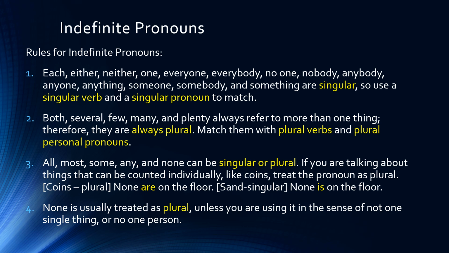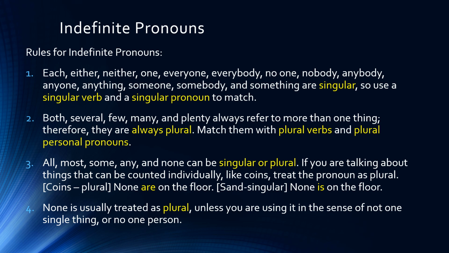But now let's think about the same word, none, in reference to sand. Even though sand can be counted by grain, it's impossible to count sand, so it's thought of as singular. So when we think of sand, none is on the floor.